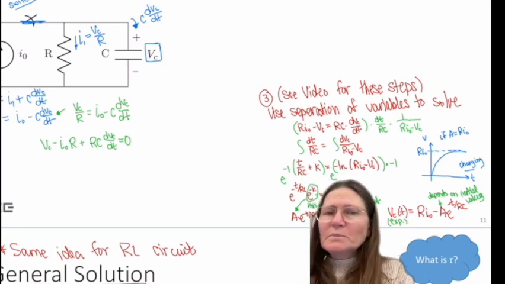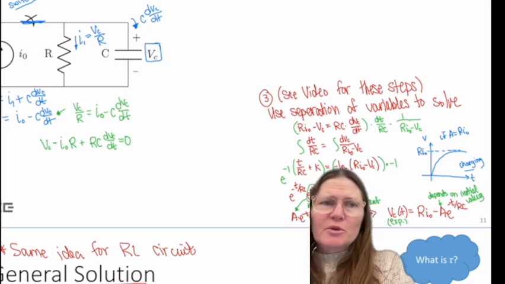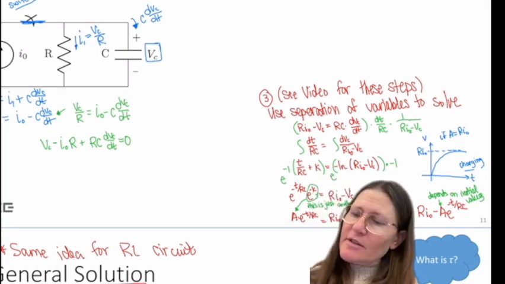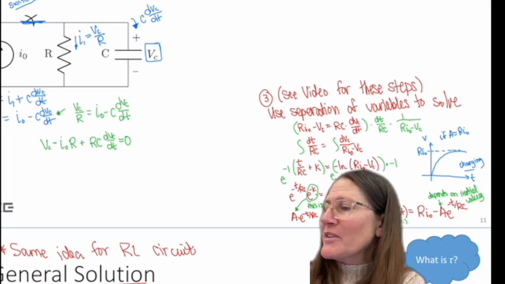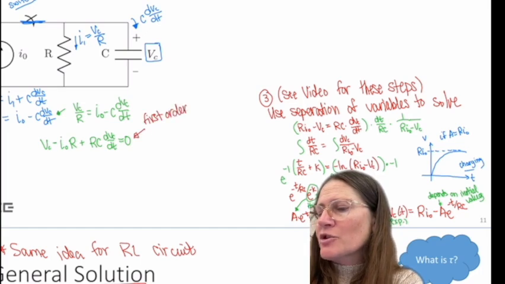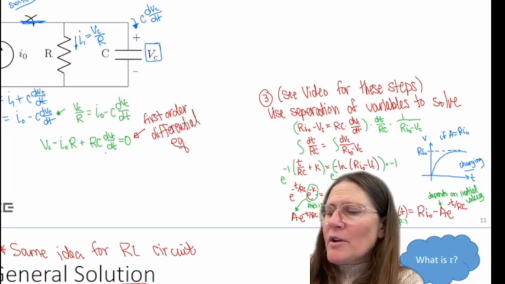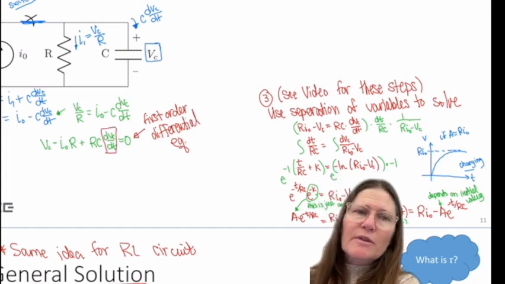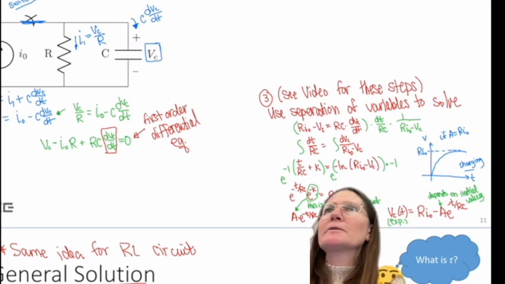I guess I'll back up 1 second. This equation itself is called a first order differential equation. The order refers to how many derivatives you have in there.